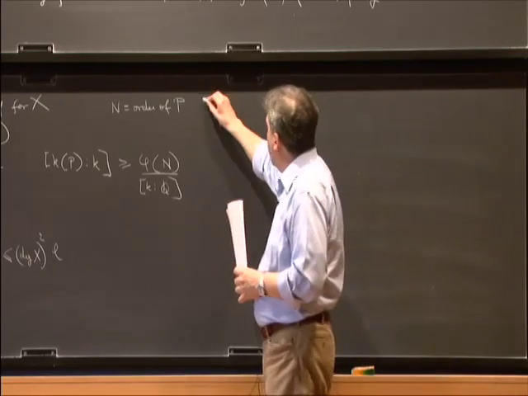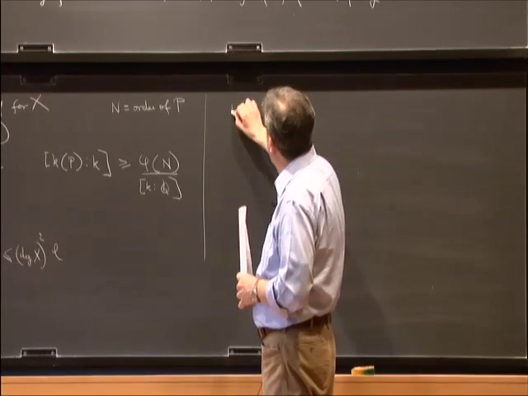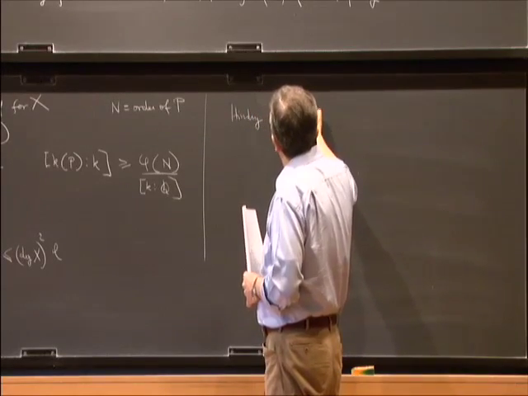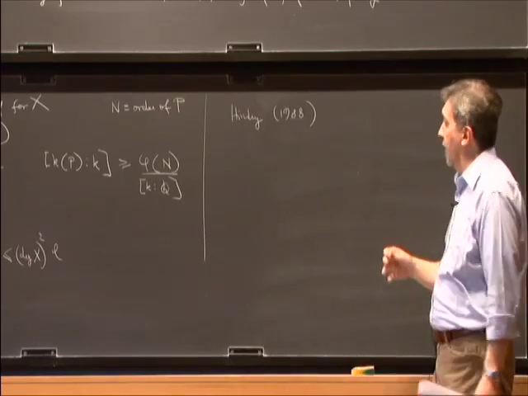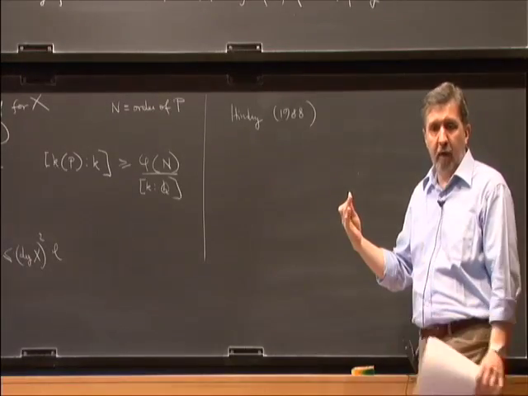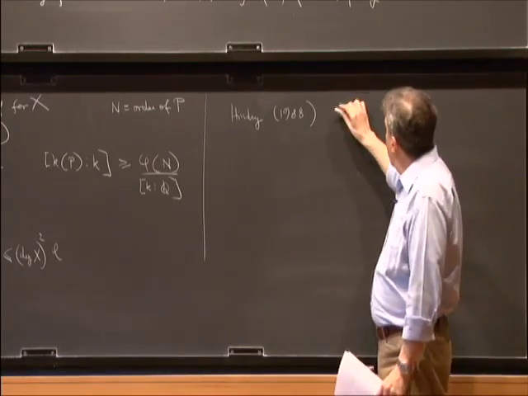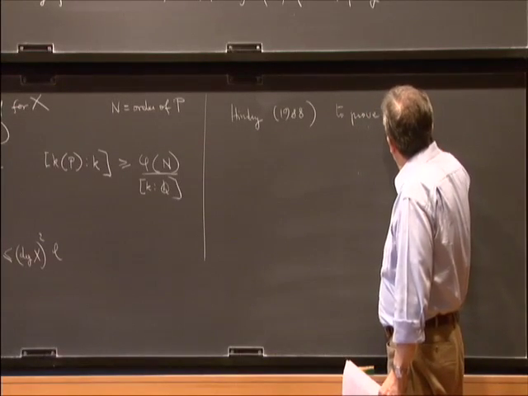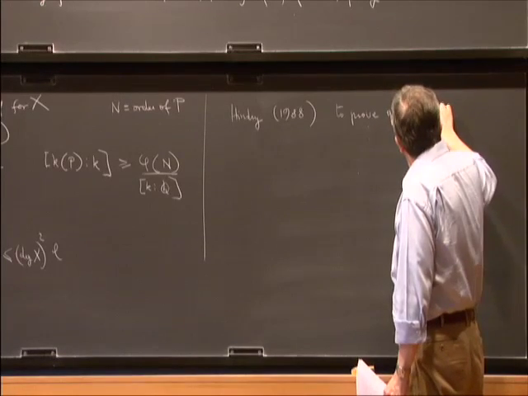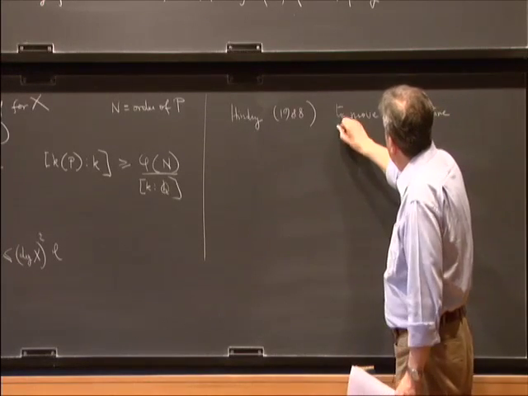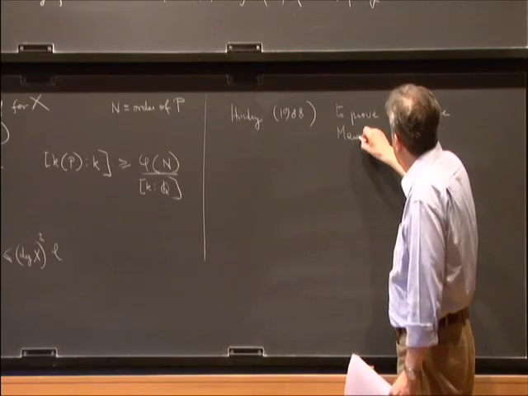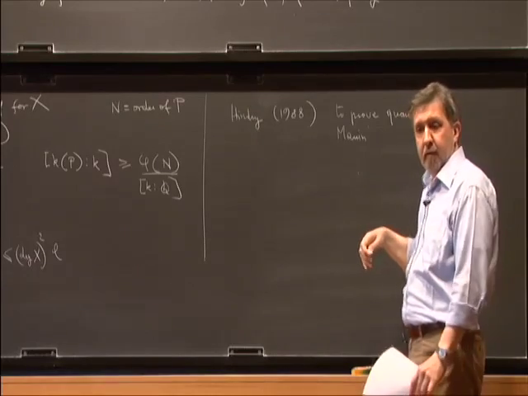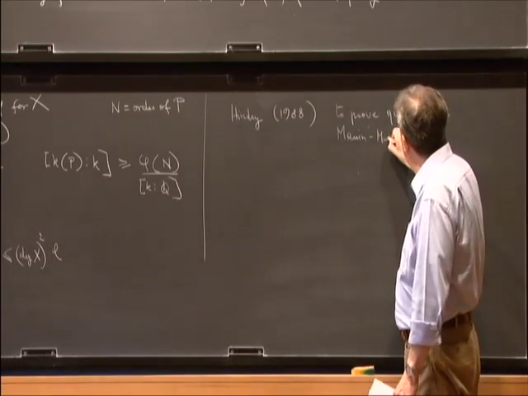Let me say that Hindry in 1988 adopted the same kind of idea, so showing that it is a powerful one, to prove a quantitative Manin-Mumford conjecture. So after Raynaud's proof, this was quantified by Hindry using just this argument.